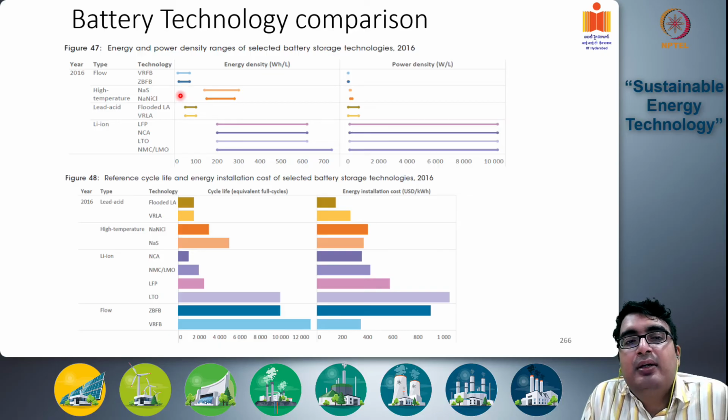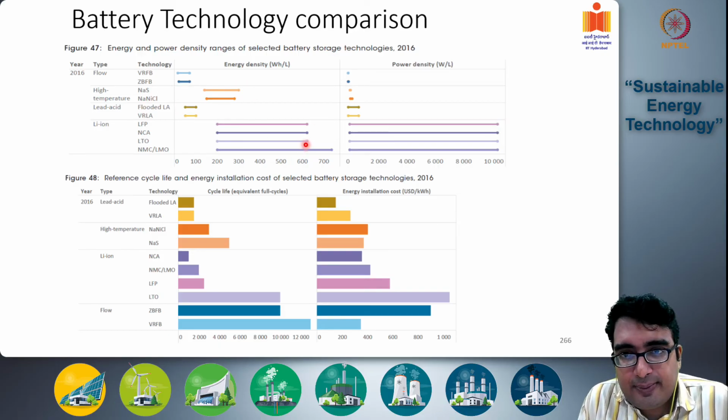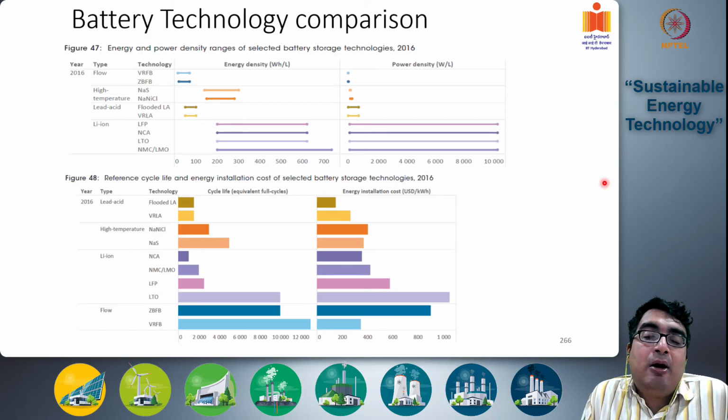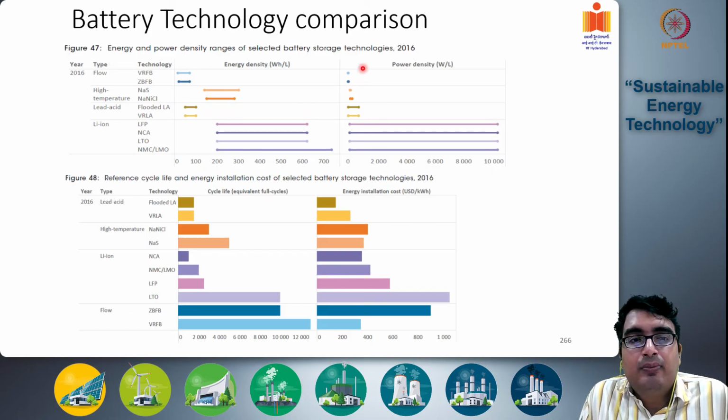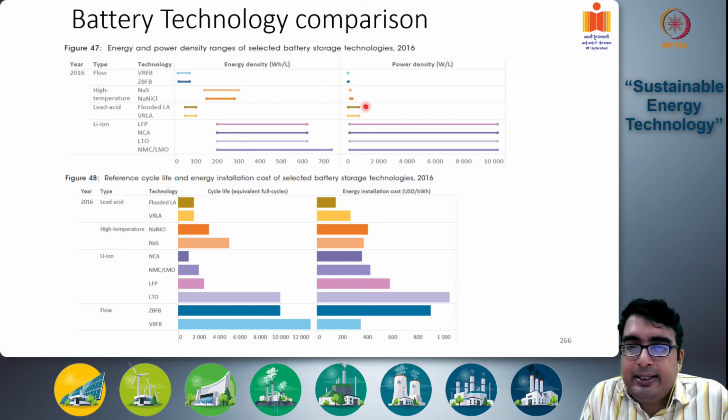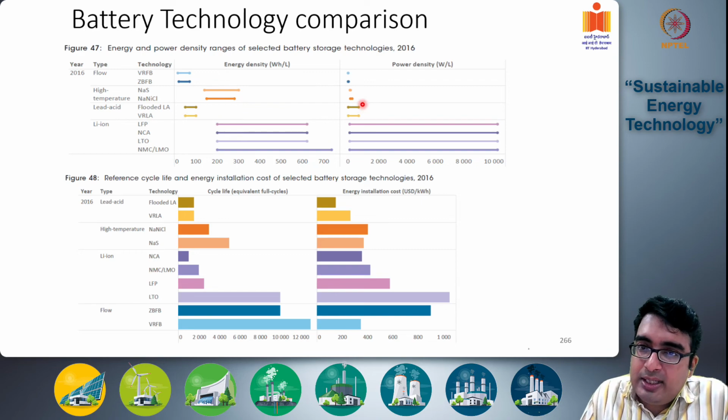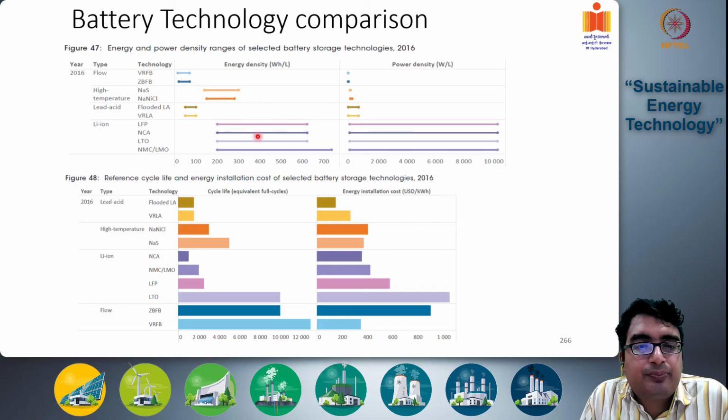Then you have the sodium sulfur batteries, etc., and then your lithium ion batteries. When you look at power densities as well, lithium ion batteries can deliver the highest power densities, and flow batteries very low power densities. The high temperature battery is somewhat higher, lead acid battery is somewhat higher. So in terms of energy density and power density, lithium ion batteries are outperforming everything else.